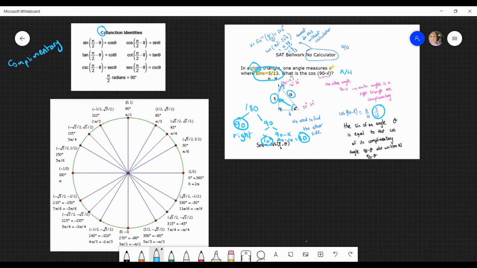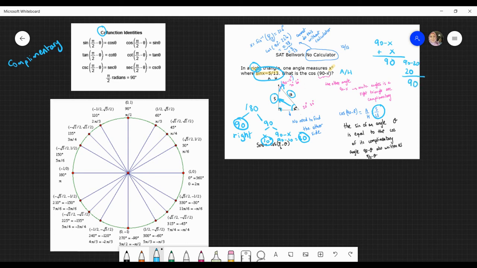Angle x and angle 90 minus x, we call them complementary angles because they add up to 90 degrees. In general, if we add 90 minus x and x, the x and negative x cancel out, they add up to 90 degrees. With a numerical example, let's say x was 20, the other one would be 90 minus 20, which is 70.